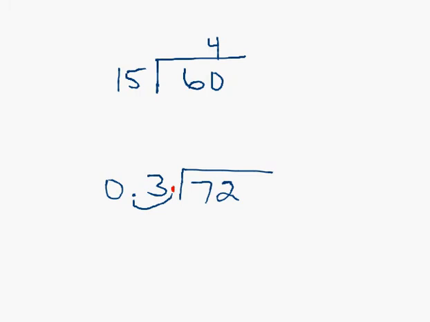We're going to move the decimal point over 1 place. So that means we will add a 0. And our new problem is 720 divided by 3. And 720 divided by 3 is 240.